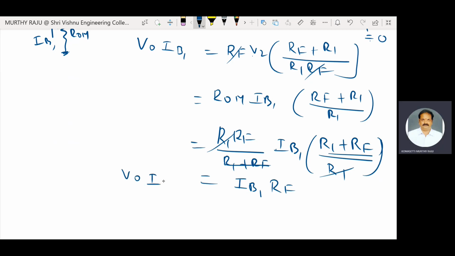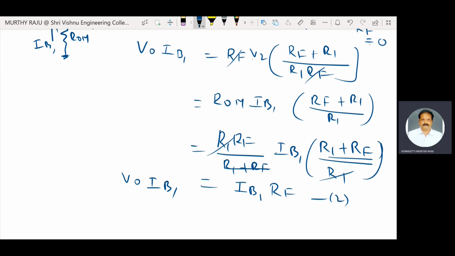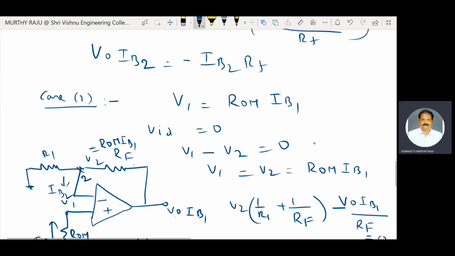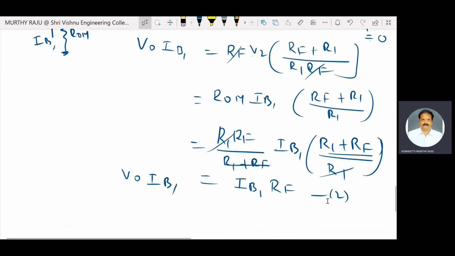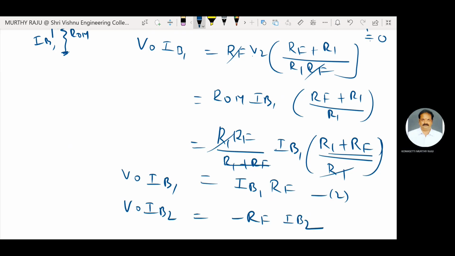This is equation number 2. This is equation number 1: V0 IB2 is equal to minus RF into IB2.